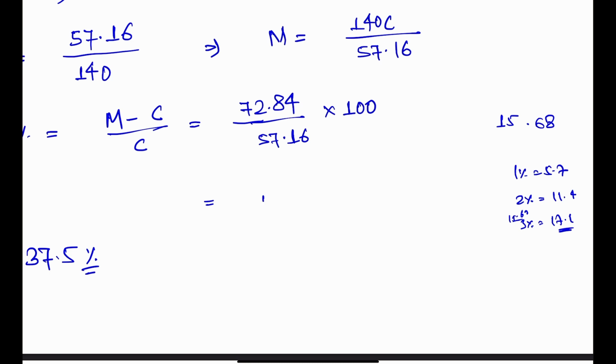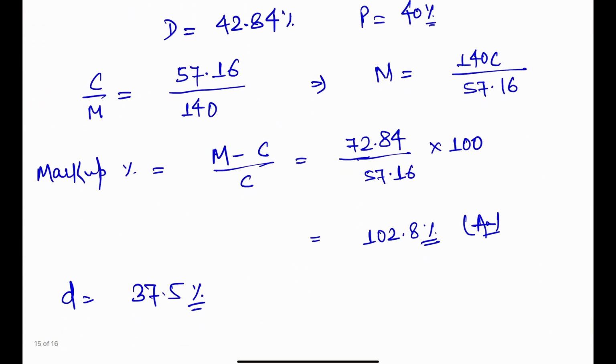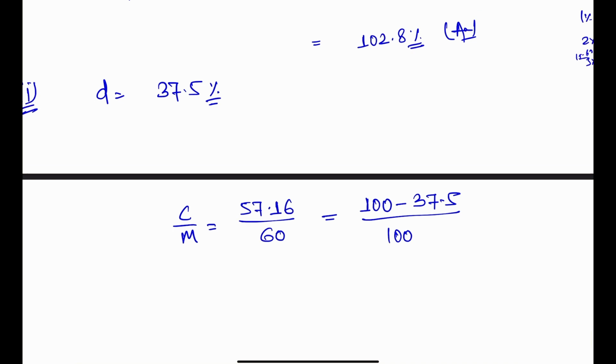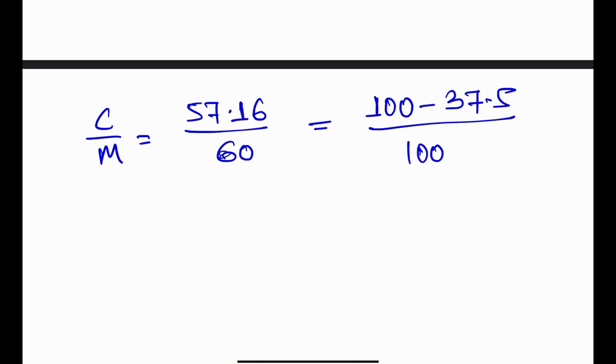So it will be 2.8 percentage as markup percentage. And from the beginning we could find the ratio as 57.16 divided by 140. So 100 plus profit is P.